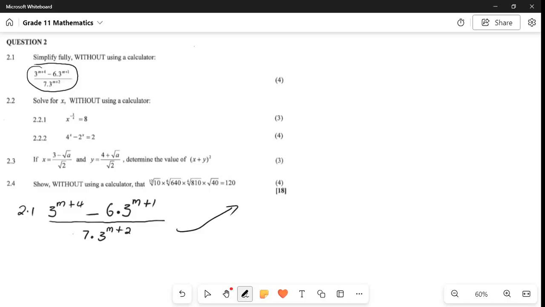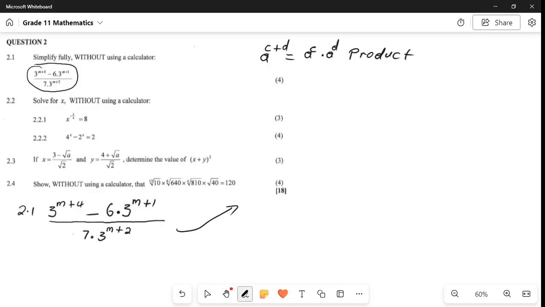You will remember that when you have something like a to the power c plus d, this is the same as a to the power c times a to the power d. So we're going to apply this rule of exponent, which is a product rule.